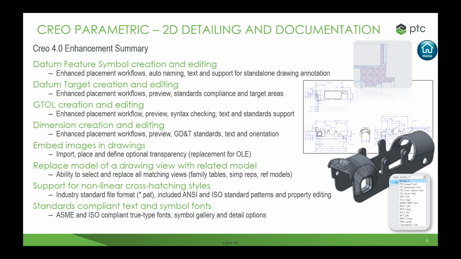We can now embed images in our drawings, and we can replace the model of a drawing view with a related model. Support now for non-linear cross-hatching styles with industry standard file format included in ANSI and ISO standard patterns and property editing, and standard compliant text and symbols fonts.